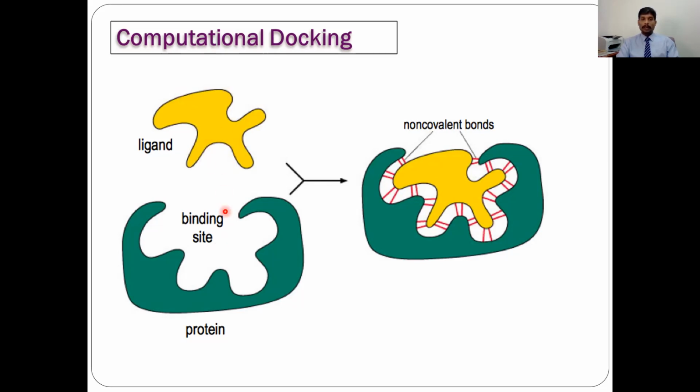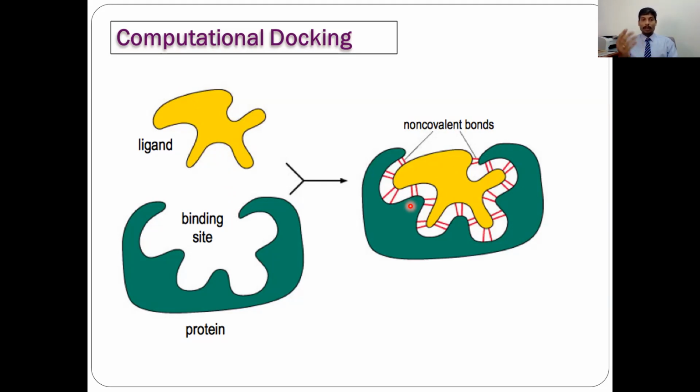Both conformations are defined, and you put them together, calculate the interactions between them and find the energy. So you're defining already how the ligand binds and exactly where, but you're not allowing the ligand to change its conformations, because we don't know exactly how the ligand structure is.